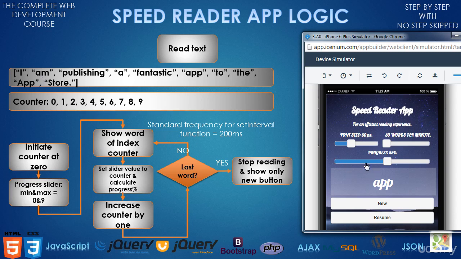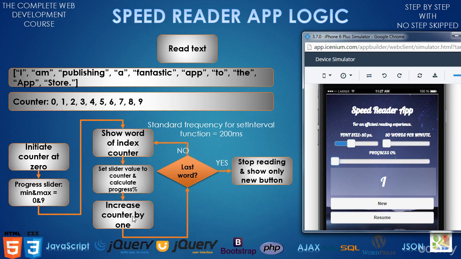So we're going to be looking at the value 0, so our counter is going to be there. And we're showing the element of index 0. And then we're going to increase the counter by 1. So now our counter is 1. Now we're going to check, is this the last word inside our array? If the answer is no, then we're going to go back to this loop.